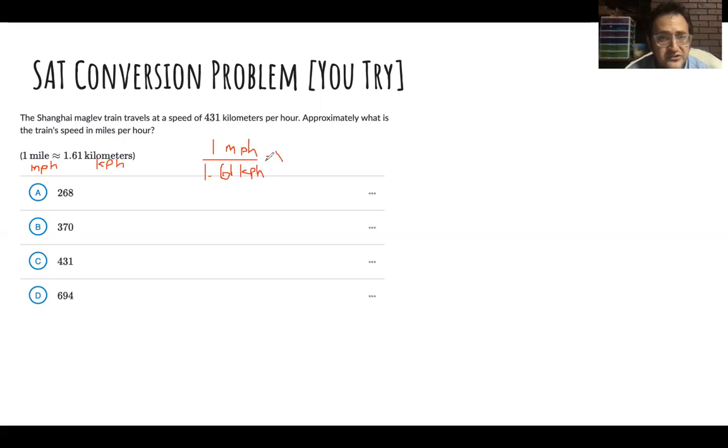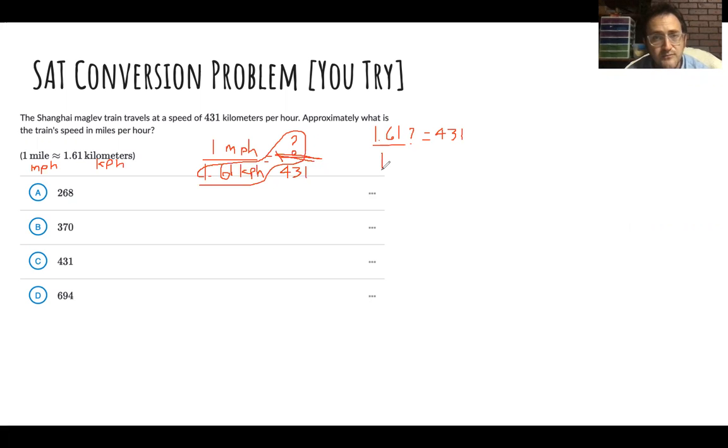And I would actually just make this into a proportion. And the 431 goes in the denominator. And the question mark goes in the numerator. So it's asking for miles per hour. So I'm going to have 1.61 question mark equals 431.